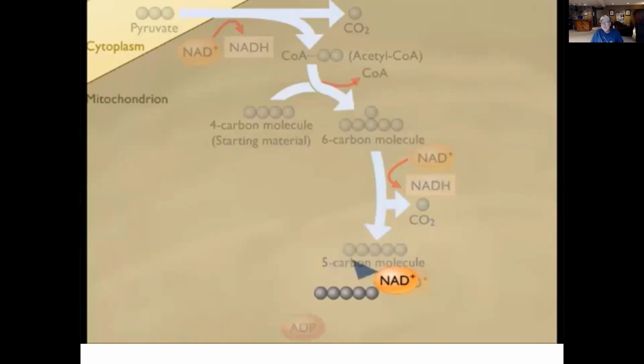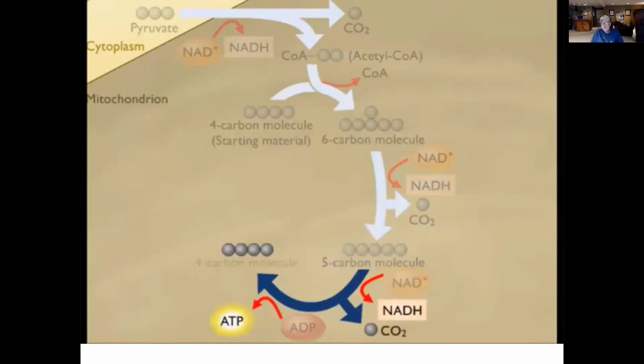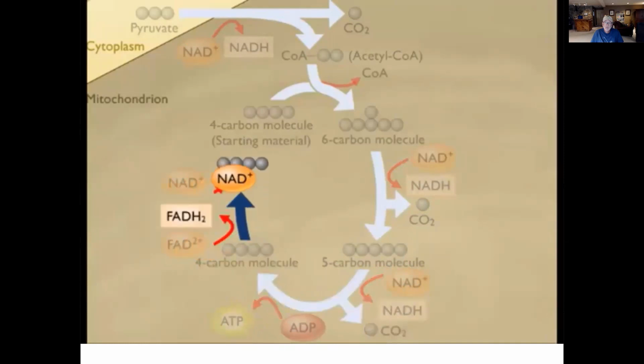In this step, hydrogen is removed and transferred to NAD+ to form NADH. Next, a second oxidation and decarboxylation occurs. Again, NADH and carbon dioxide are produced. In addition, a molecule of ATP is produced. As a result of these reactions, a 4-carbon molecule is formed in the Krebs cycle. Finally, the 4-carbon molecule is further oxidized, and the hydrogens that are removed are used to form NADH and FADH2.